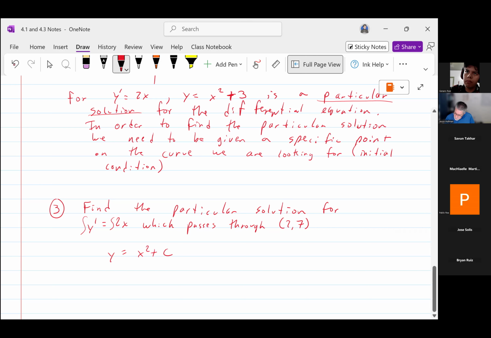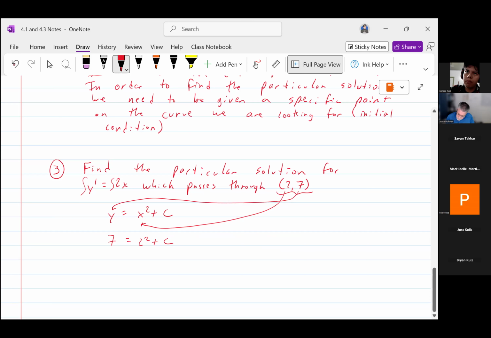Now this point that I've been given is going to help me solve for my constant. I'm going to plug in the y value of 7 and an x value of 2, and solve for my constant. So we get 7 equals 4 plus c. Subtract 4, and c equals 3.